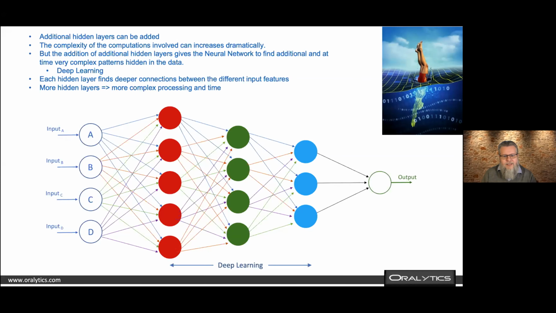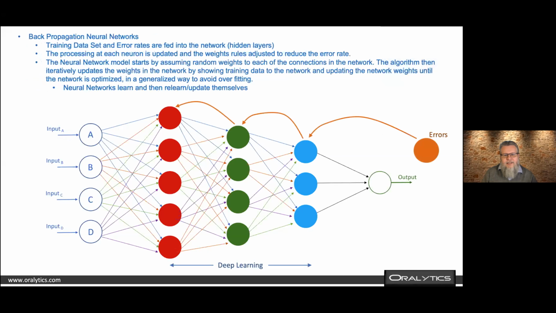So, here's an example of a 3-layer node. Part of all of this is the idea of back propagation. There are lots of different types of neural networks out there, and this is how the one within the database works. It goes through the model, and then goes through another set of iterations taking the errors, the things it calculated incorrectly, and seeing if, by going back through these different layers, it can modify the weightings to reduce the errors.